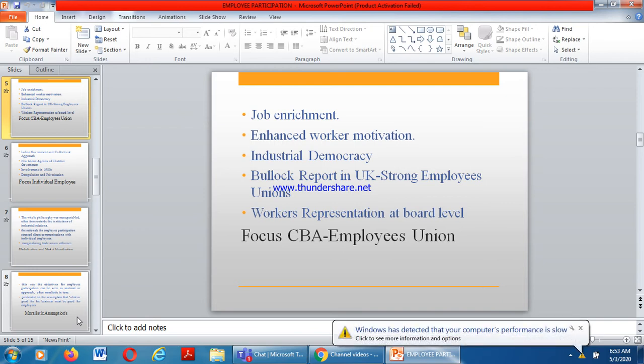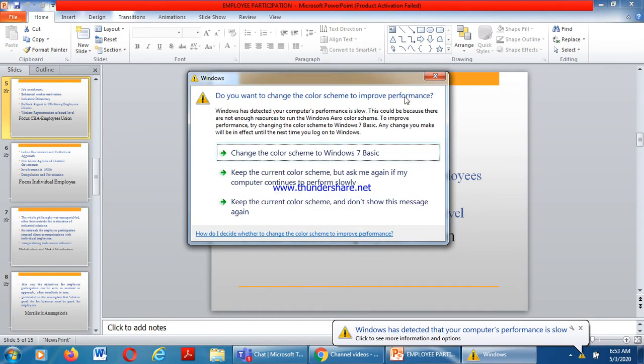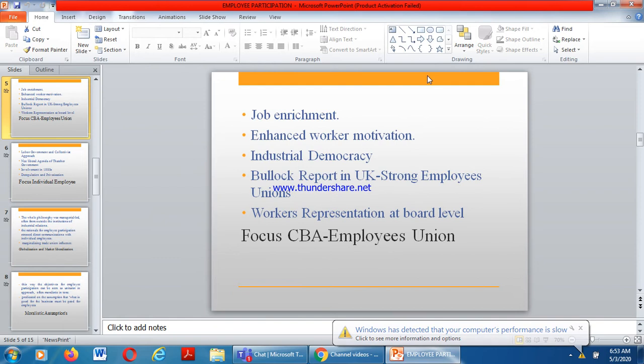Enhance worker motivation. If you increase the participation of all the employees in decision making, it will definitely increase their motivational level. They will feel important. They will contribute. They will own things. In this way, they will move forward.